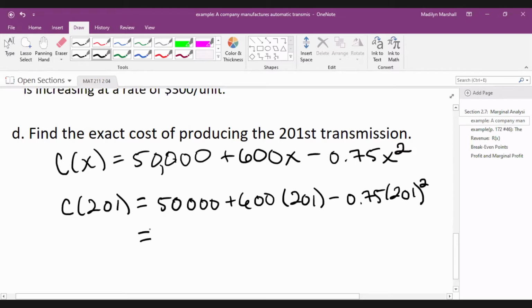This is the type of thing that you can just plug straight into a calculator, carefully. You can always do it in steps if you would prefer.